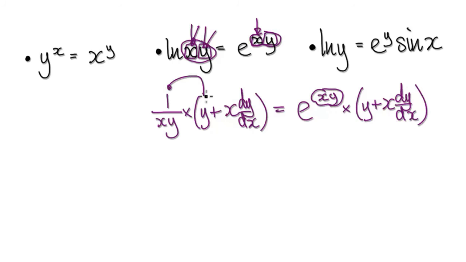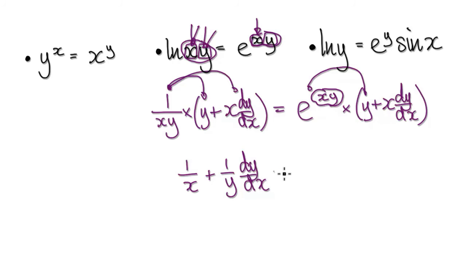So this times this will then give us 1 over x, and then this times this will then give us 1 over y dy by dx, and then this times this will then give us y e to the power of xy plus x.